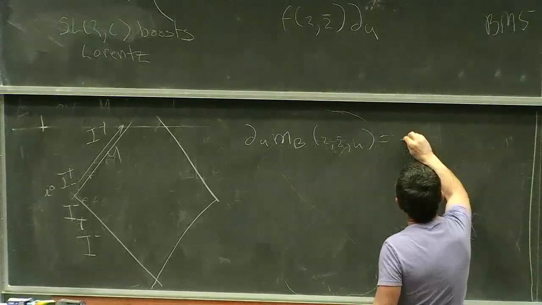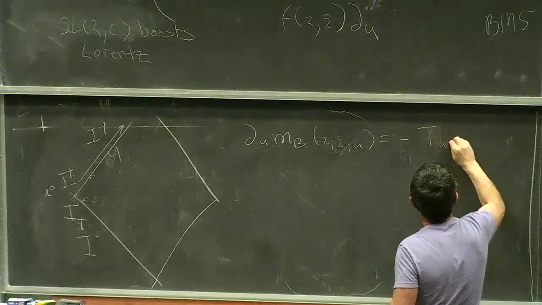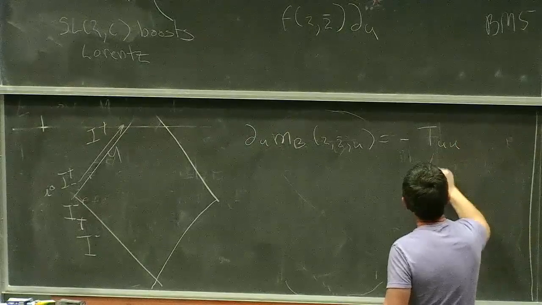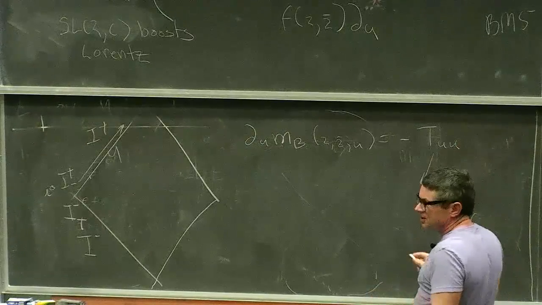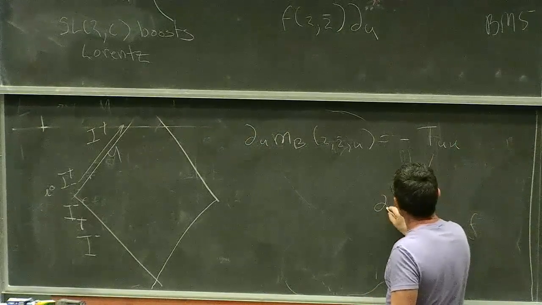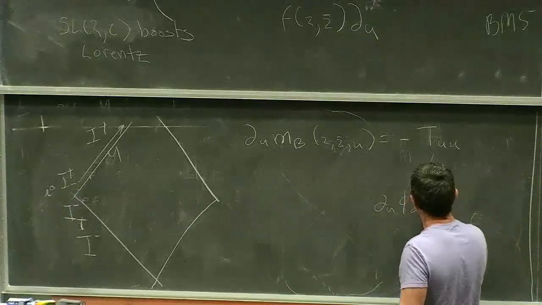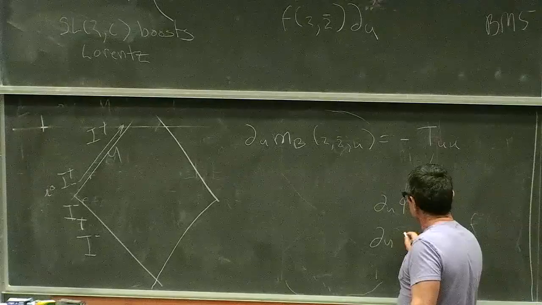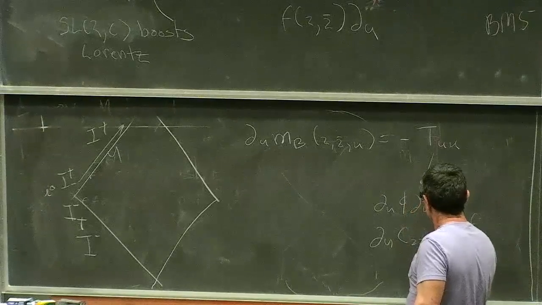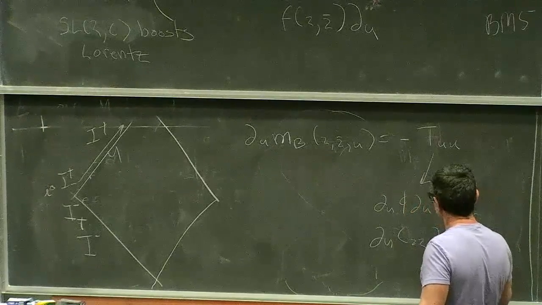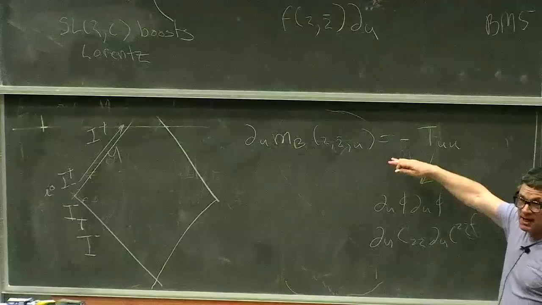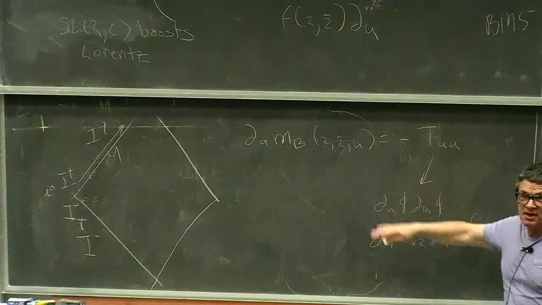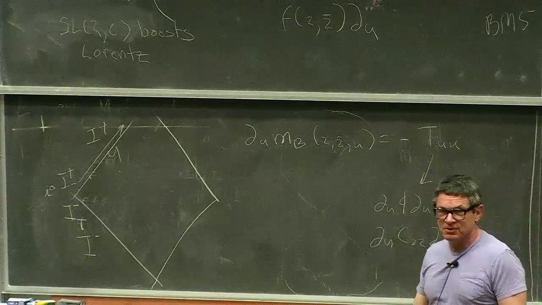The first is minus what I'm going to call T_uu. If we had a scalar field, there would be a contribution of the derivative of phi squared. There's also the square of the Bondi news, which tells us how much gravitational radiation is passing through scri plus. That's the term that you're used to.